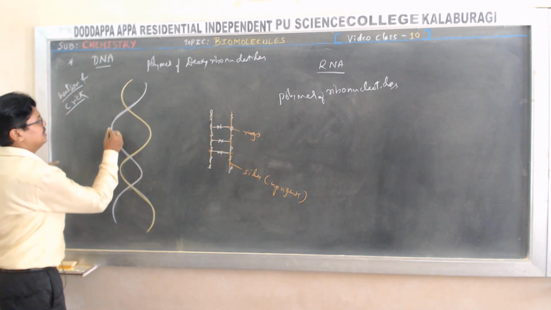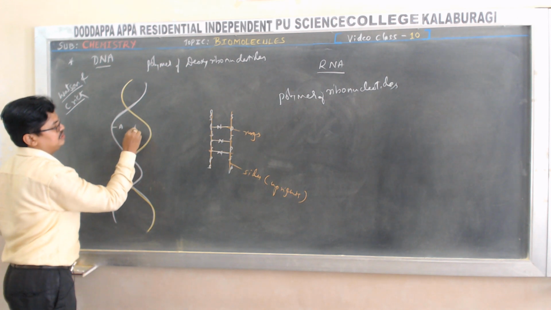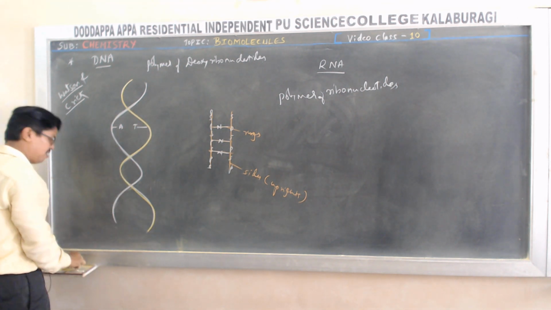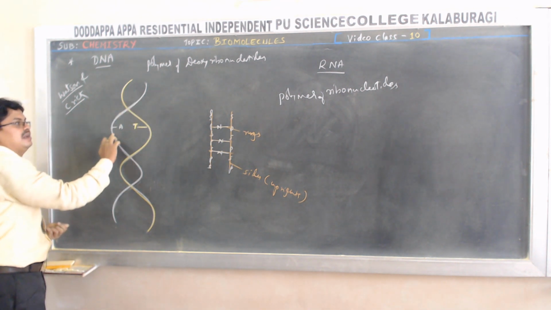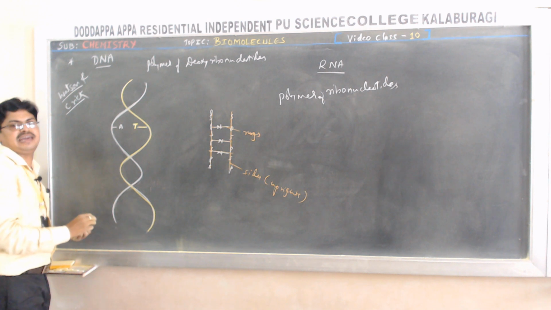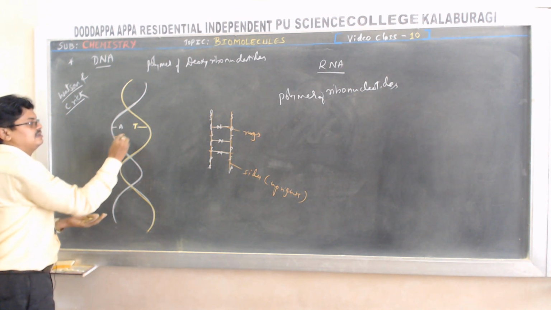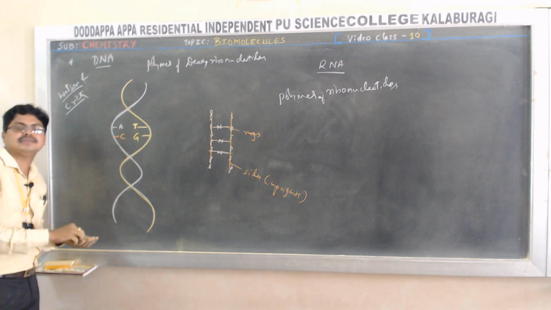If adenine is there, adenine combines with thymine of the other strand. So if this strand has adenine, the other strand will have thymine. If this strand has cytosine, the other strand will have guanine.